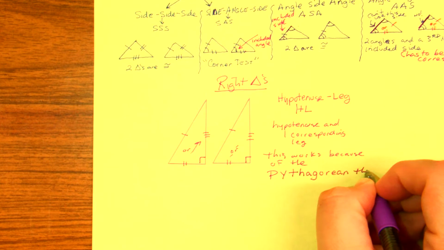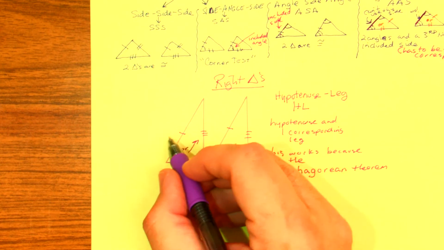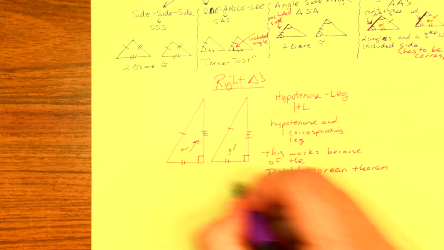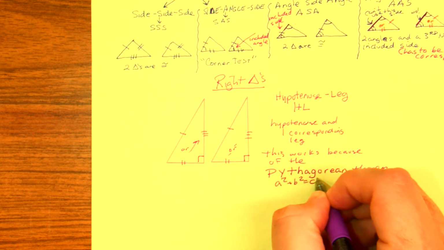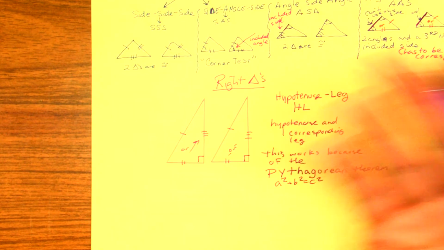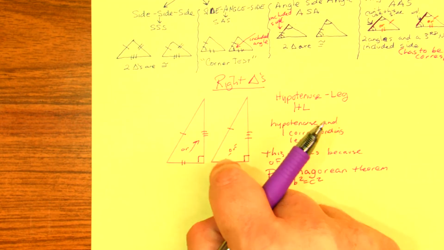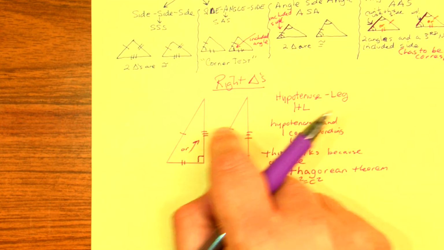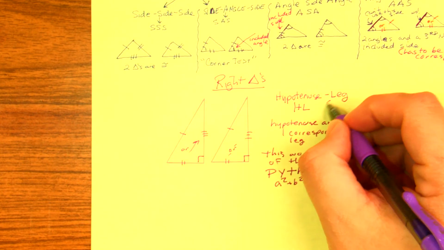This works because of the Pythagorean theorem. Because if I know, remember, a squared plus b squared is equal to c squared. So if I know two sides, I can figure out the third side. And if the two sides are the same here, we're going to get the same side for there. So hypotenuse leg is side, side, side with the Pythagorean theorem.